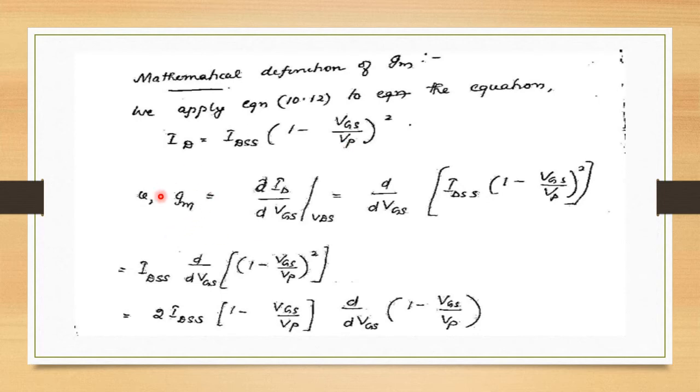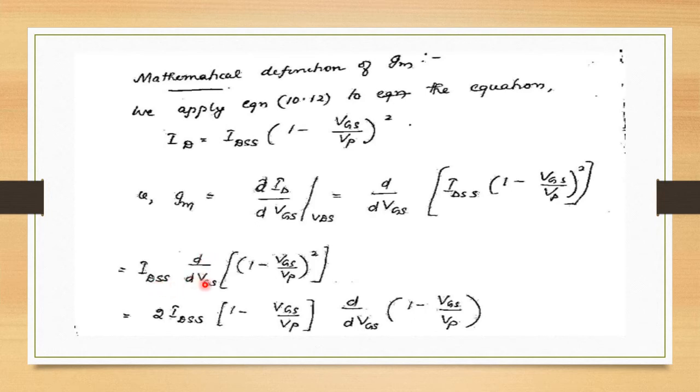So we define gm, taking the zero signal values, as ∂ID by ∂VGS at constant VDS. When we differentiate, d by dVGS of IDSS into (1 minus VGS by VP) whole squared, IDSS is a constant value, so we take it outside.